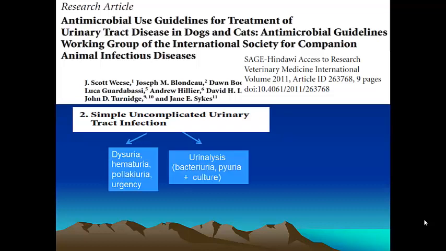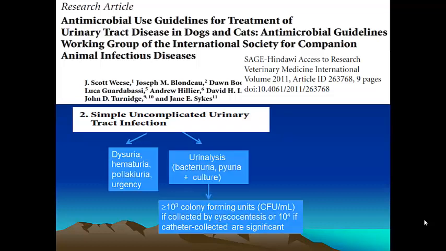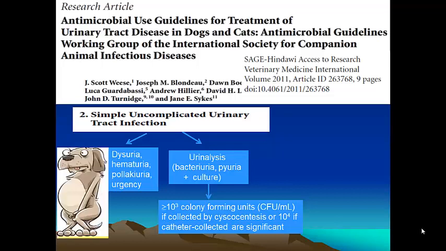If you grow more than 10,000 colonies per mL of urine, that usually becomes relevant, but only if there are clinical signs. Otherwise, it may indicate that you have a subclinical infection that does not warrant being treated.